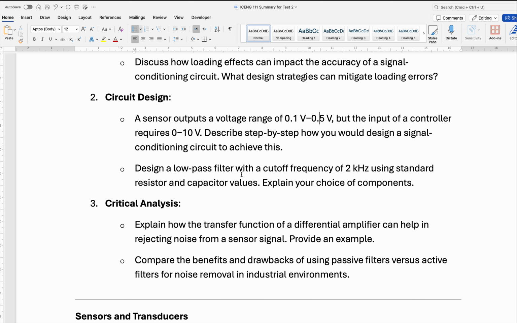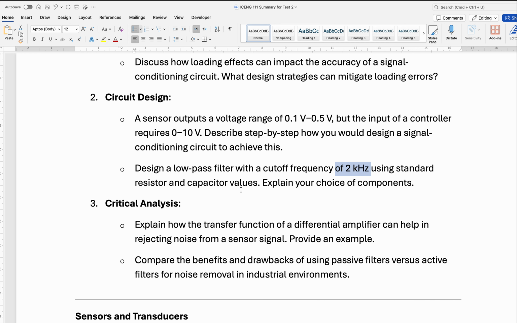Design a low pass filter with a cutoff frequency of 2 kilohertz, using standard resistor and capacitor values. So I'm going to assume some values, but I only need to assume one of them. The cutoff frequency of 2 kilohertz is equal to 1 divided by 2 pi RC.